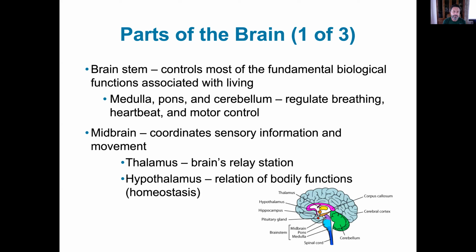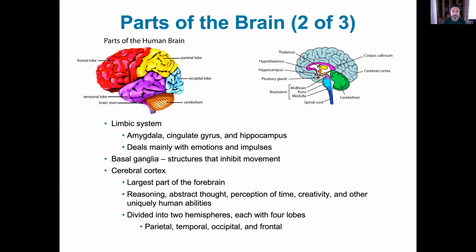The midbrain has to do with sensory information, taking in the data from our ears, our eyes, nose, and touch, and making sense of it, doing that sensation and perception thing, the perception part of what is this data that we are gathering.